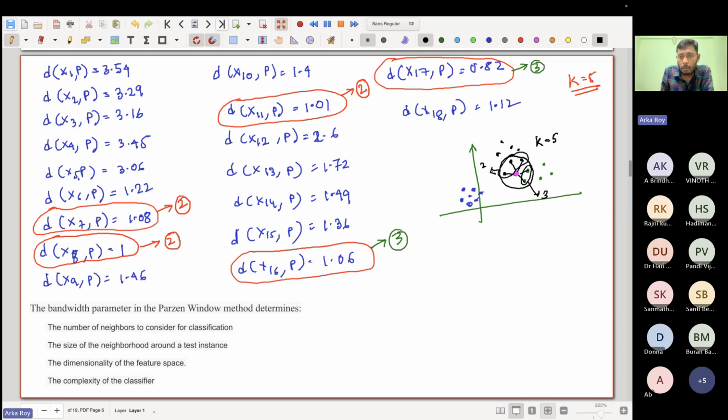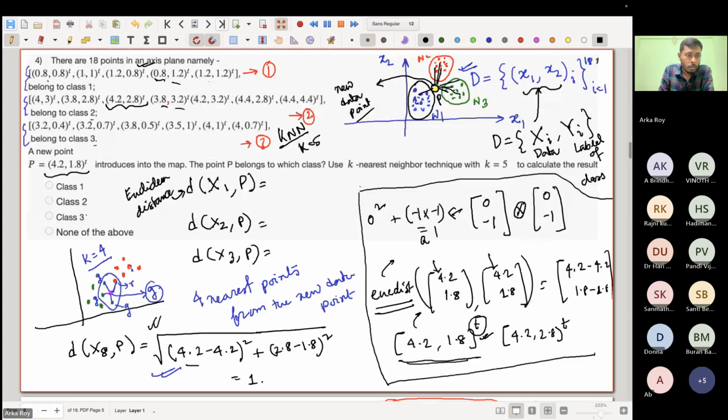Therefore, the class occurrence is higher for class 2. So the new point P belongs to class 2. This is the final answer.